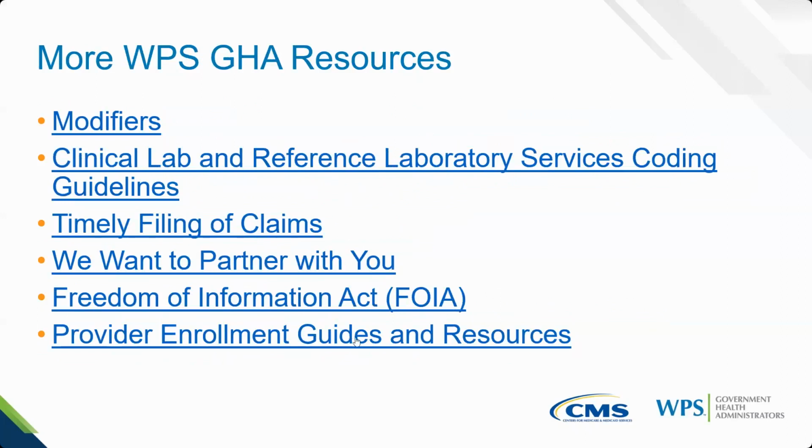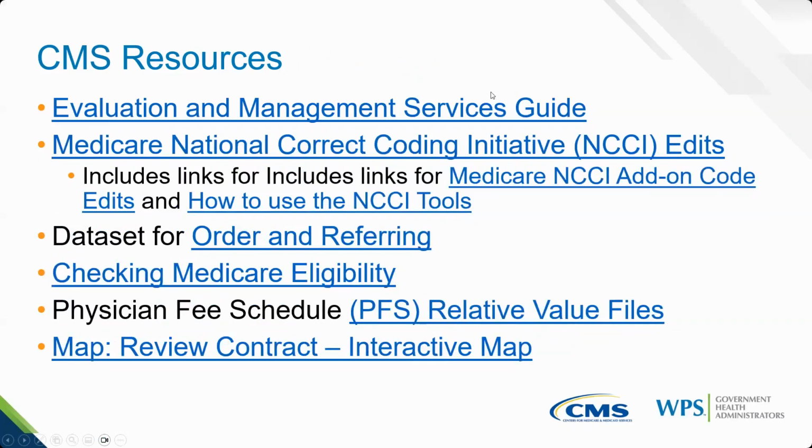Provider enrollment guides and resources. This will help assist you in keeping your record up to date or applying for a provider number. E&M services guide, I talked about that. That's where you'll find information about only one initial E&M service within a 3-year period per specialty.